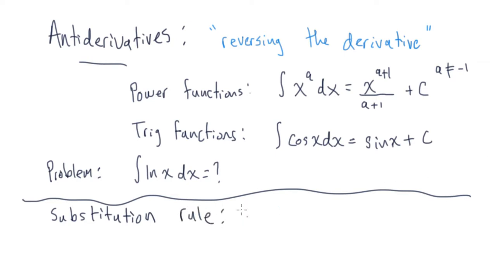And now sometimes it's called U substitution, but the substitution rule is what we will call it. And the way you should think about it is that it is reversing one of the differentiation rules. So it's reversing which differentiation rule? Well, it's reversing the chain rule.